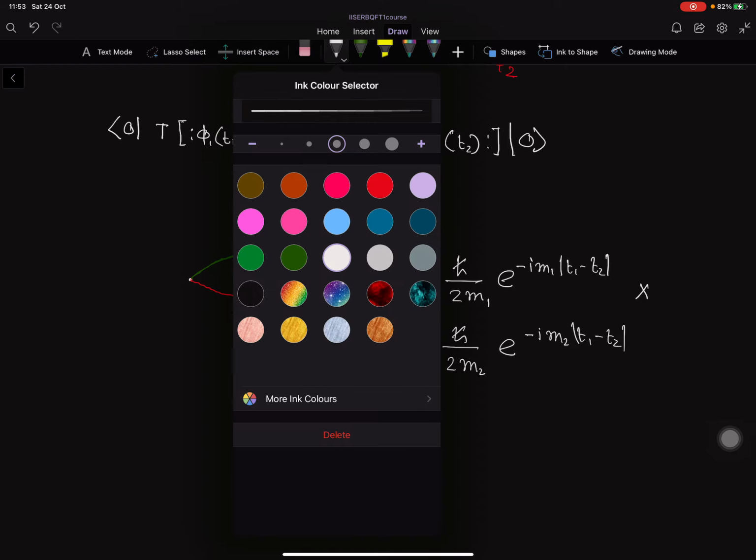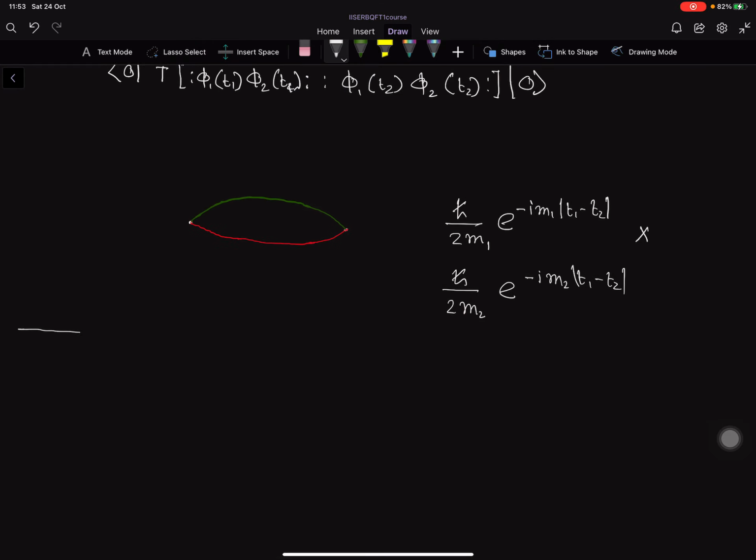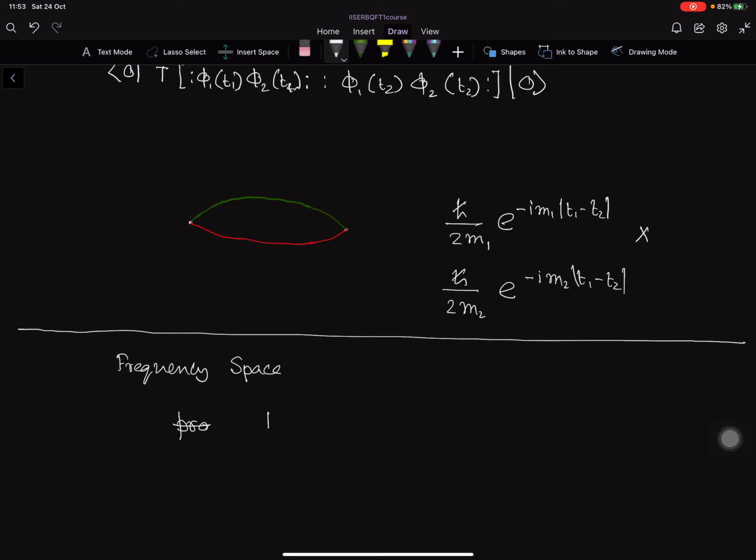Now what about frequency space? Frequency space is also simple, apart from the fact that the propagator, let's denote it D Feynman ij of omega, is simply the Fourier transform of the position space Feynman propagator.